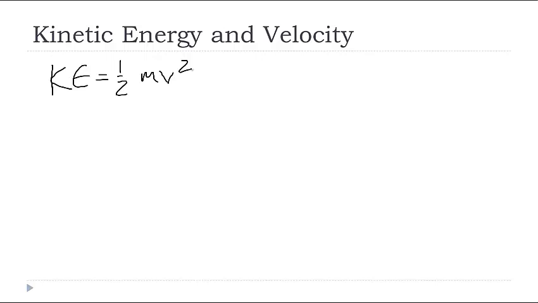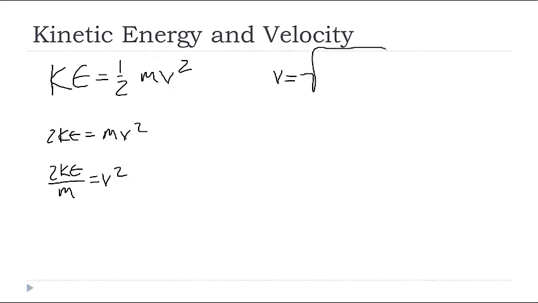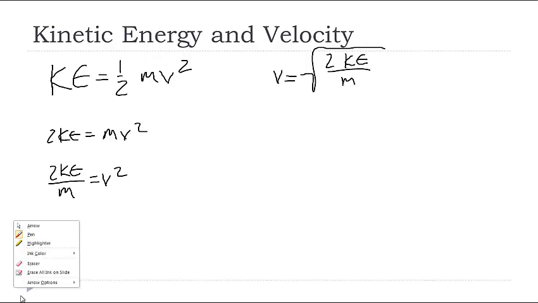So I can solve that for velocity. I get 2KE equals mv squared. I get 2KE over m equals v squared. And then finally, velocity is going to be equal to the square root of 2KE over m. So remember, we measure the average kinetic energy by temperature.